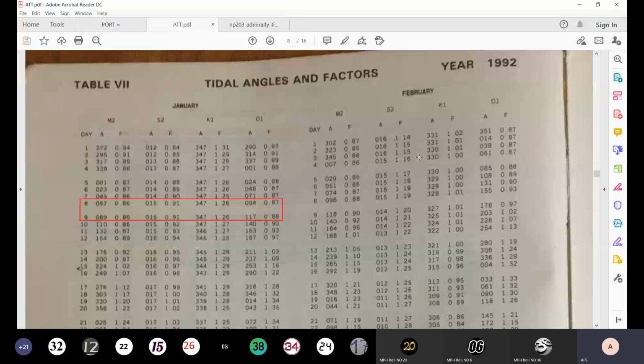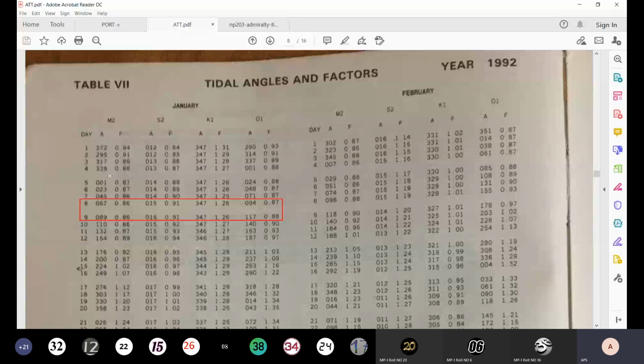So see which date for which month. For January, the data is given here, the February data is given here, and for every day they have given values for M2, S2, K1, O1, capital A, capital F.